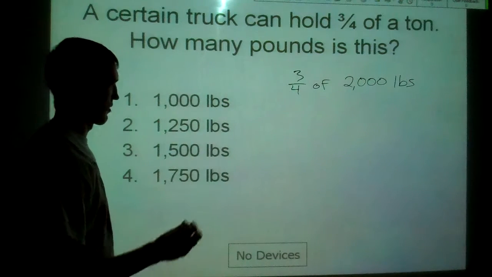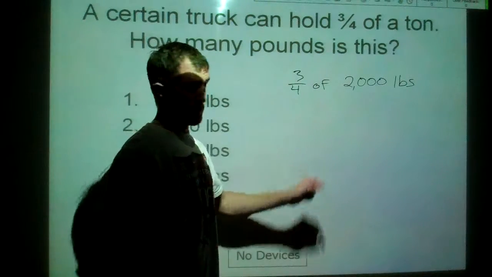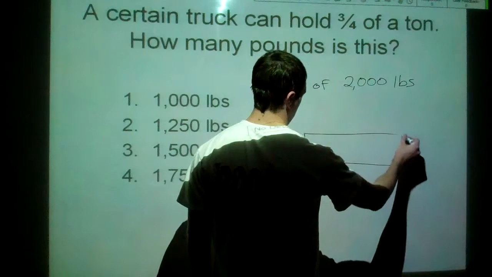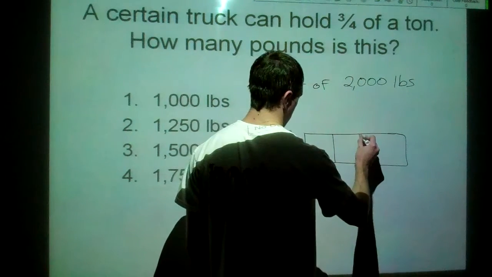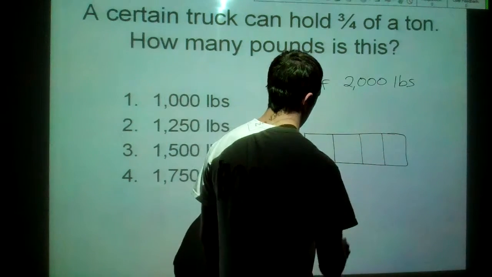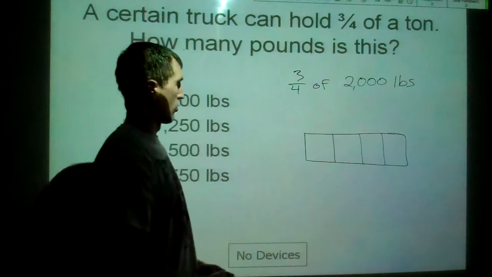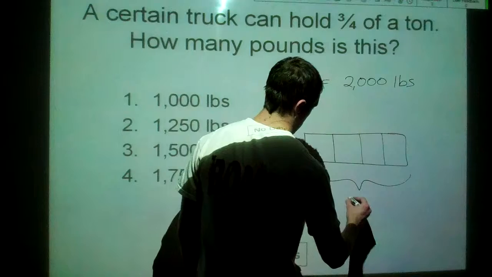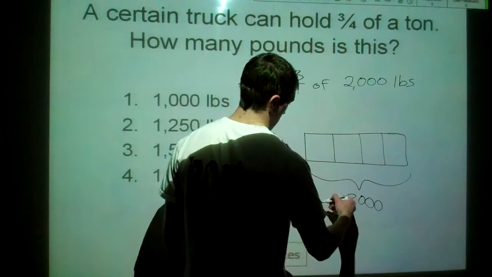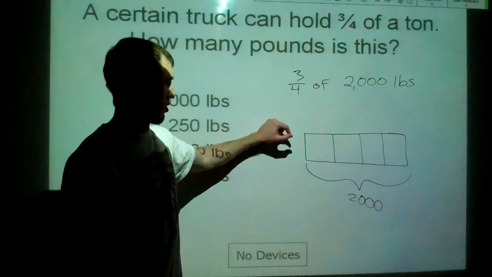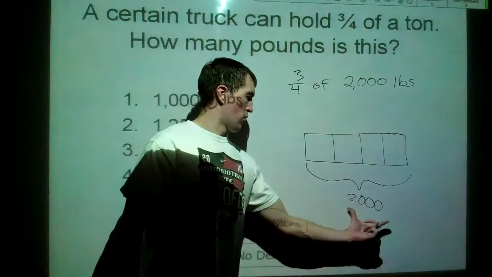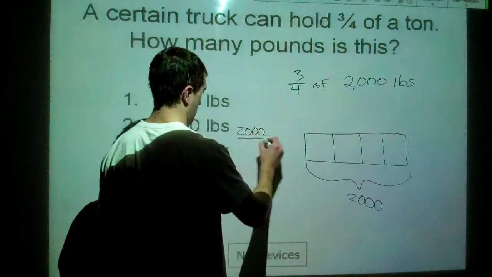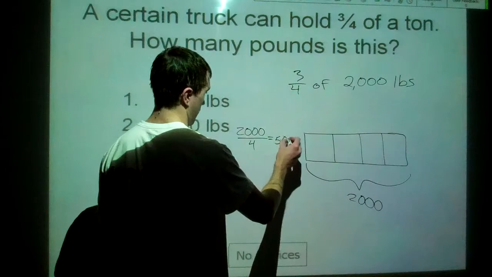We could also set it up like this. We know we're working in fourths, so let's make a box here, a rectangle, and 4 boxes. Not very equal. We'll pretend that they are equal. We know that the whole thing is 2,000, and we want 3/4 of that. Well, we're working in fourths, so we're going to take our whole thing and divide that by 4. So 2,000 divided by 4 is actually 500.